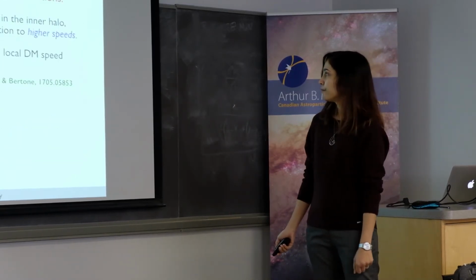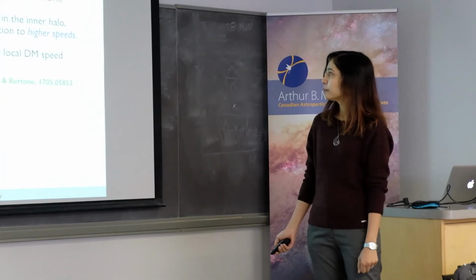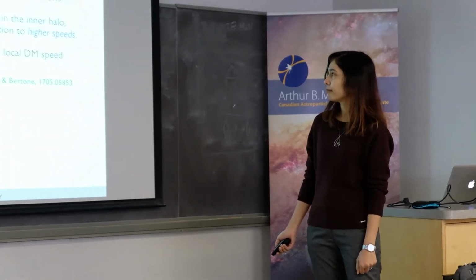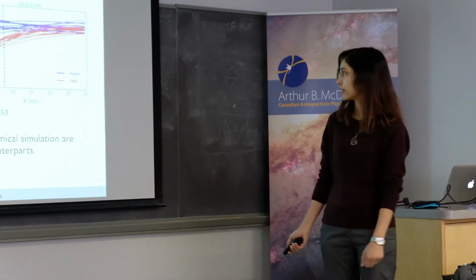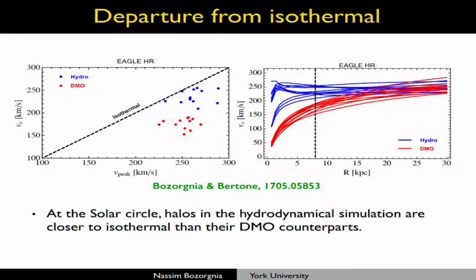And just to understand a little bit why this is more Maxwellian, let's look at rotation curves and see what happens there. For the dark matter only halos, shown in red, around 8 kiloparsec they're still rising and haven't really reached the plateau, the flat rotation curves yet.